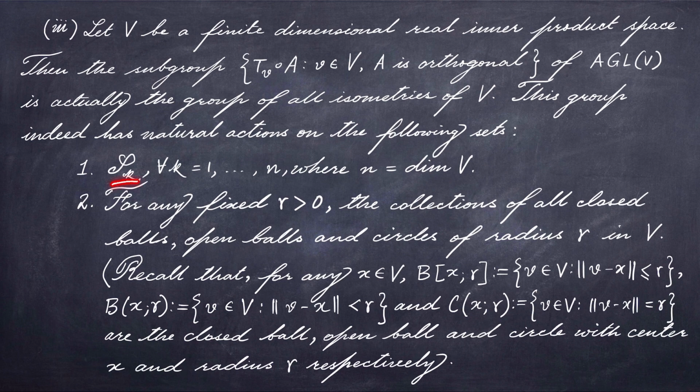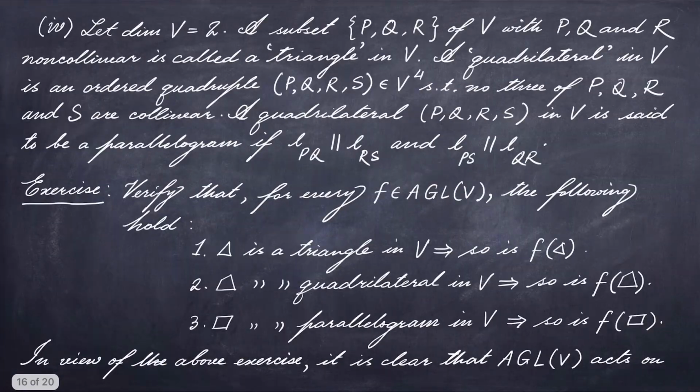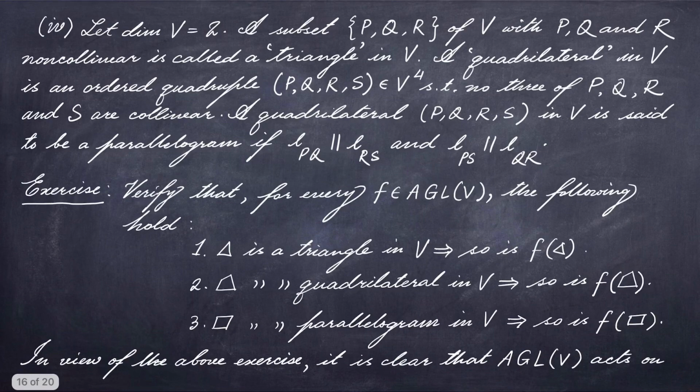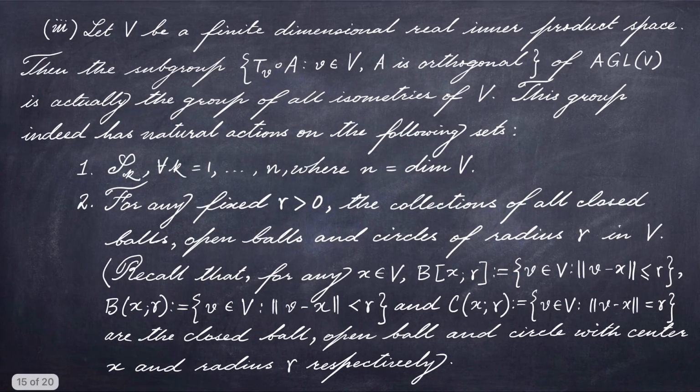First of all, it will act on S_k because AGL(V) acts on S_k, and this is a subgroup of AGL(V). So I would say it is nothing special. Rather, the geometric one is the following one.